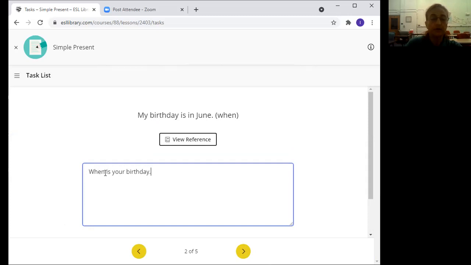In this case, we don't have a verb do, we have the verb to be. And with the verb to be, you do not use the verb do. Whenever your verb is be, all you need to do is put the right form of the verb be before your subject. When is your birthday?